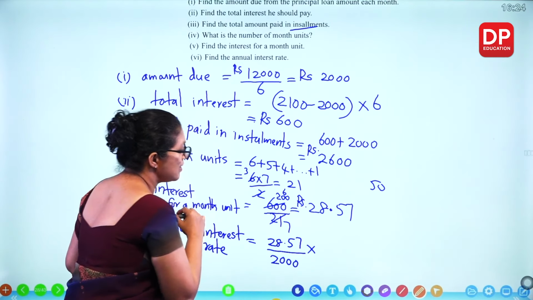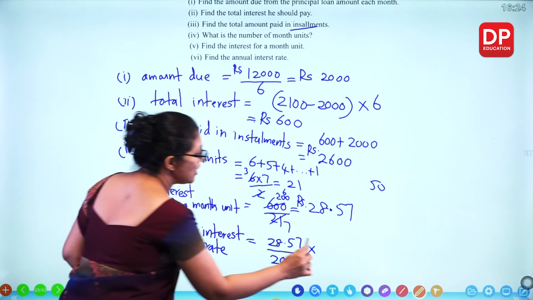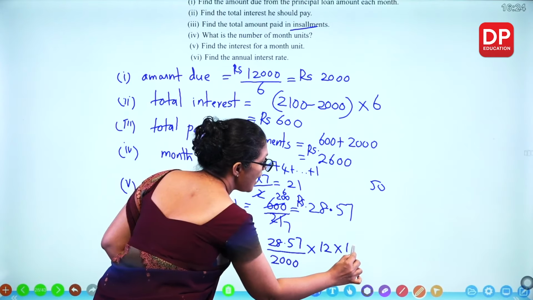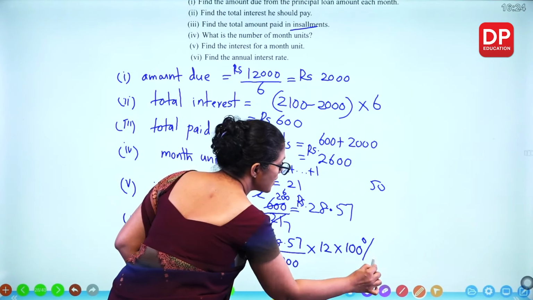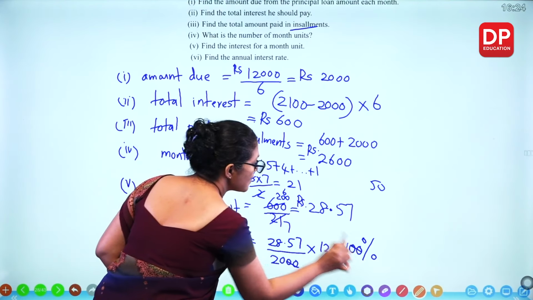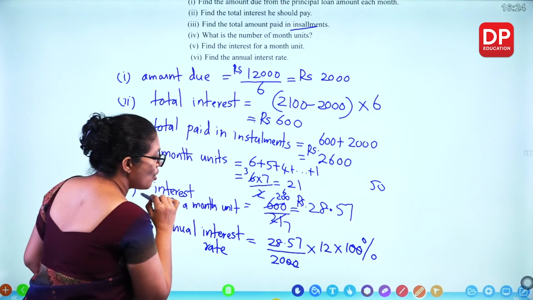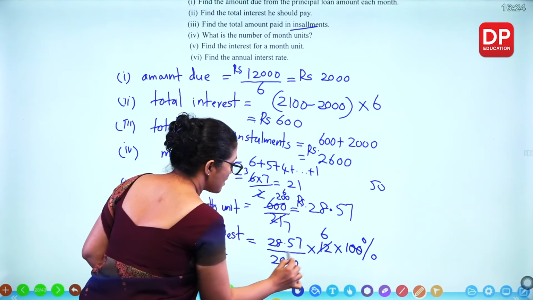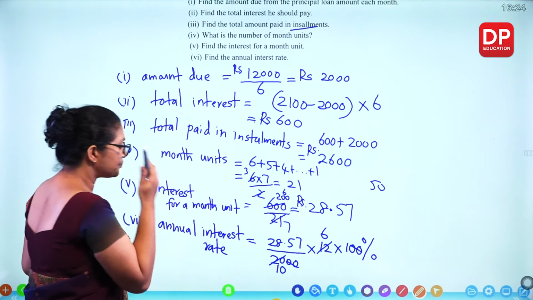And this is the annual one, so you need to multiply by 12 and multiply by 100. So you can cancel these two. 2 times 6, 2 times 10.